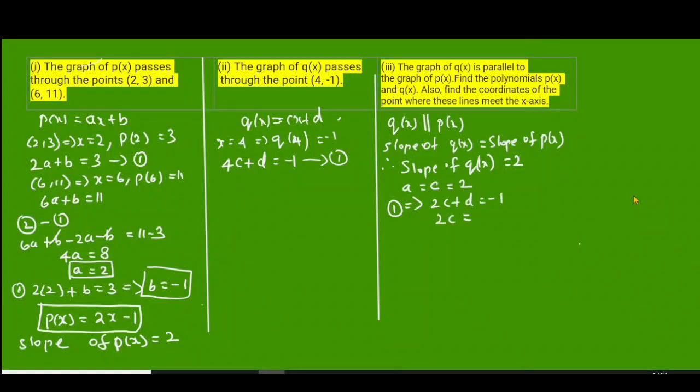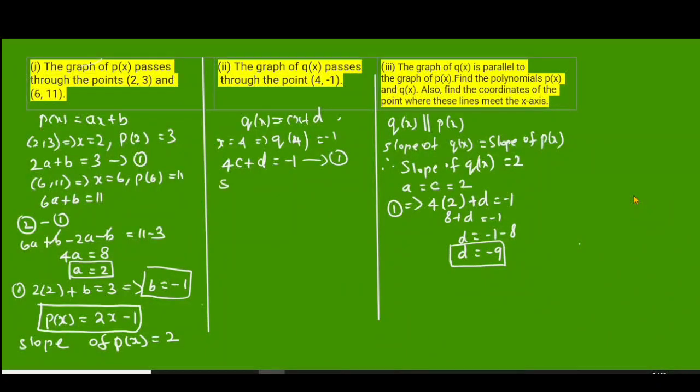Replacing c with 2, 4 into 2 plus d is equal to minus 1. So 8 plus d is equal to minus 1. D is equal to minus 1 minus 8. D is nothing but minus 9.